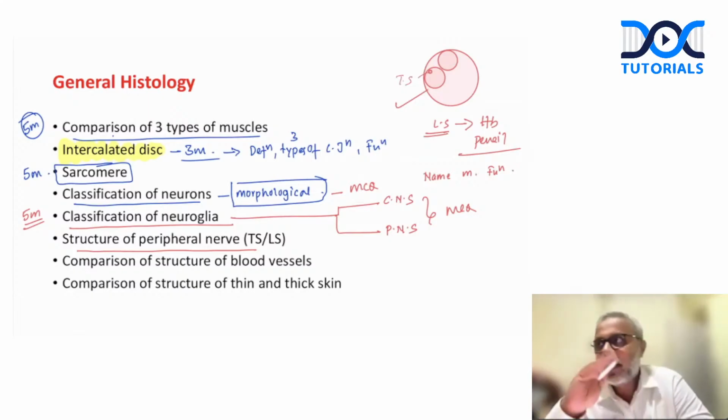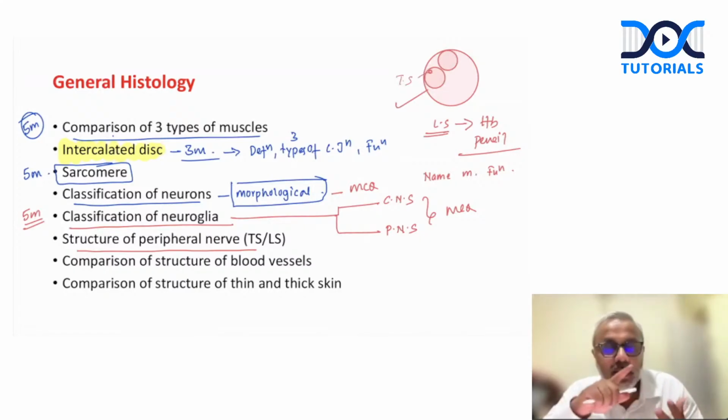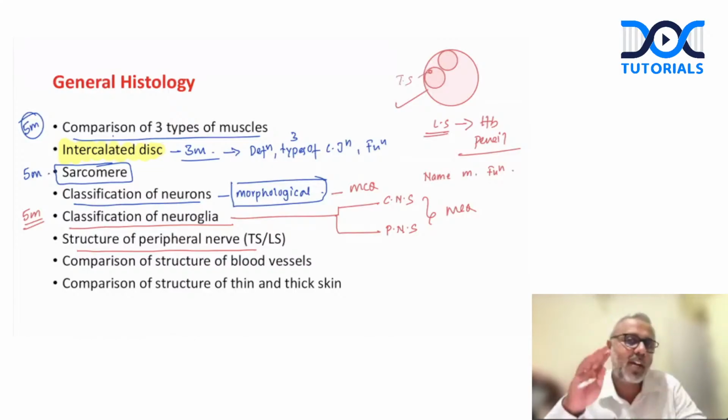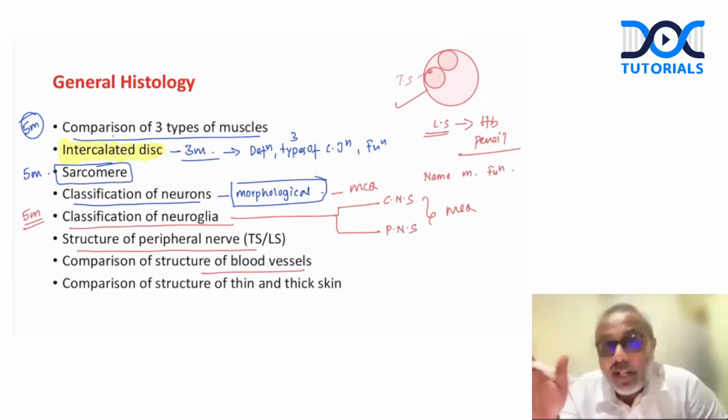In HB pencil, remember you will write 3 diagrams in your exam. One is the longitudinal section of the peripheral nerve, the transverse section of the compact bone, the longitudinal section of the compact bone. For everything else, use your H&E pencil. Right? Done. Then the next important question I would say is comparison of blood vessels.